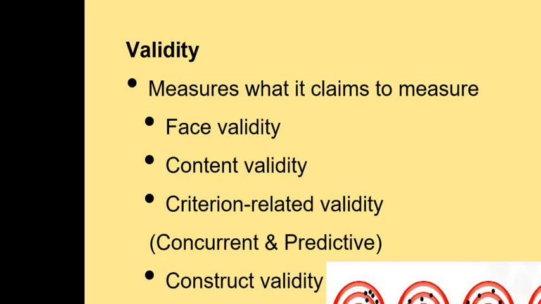So let's say I'm using a psychoanalytic test and I want to measure your ego strength. Then I would look at the theory. What does the theory say ego strength comprises, and does this test ask questions about all those issues that the theory says ego strength comprises?